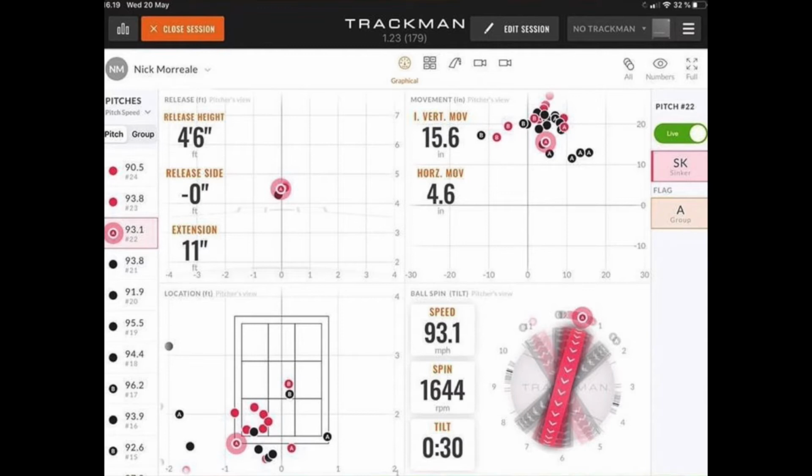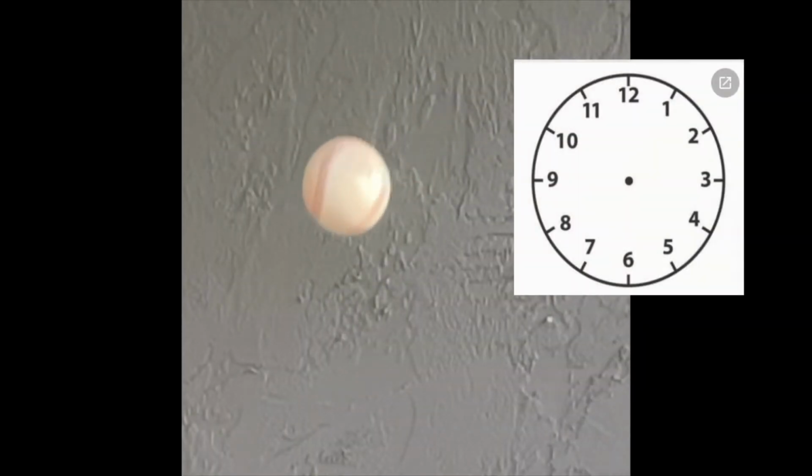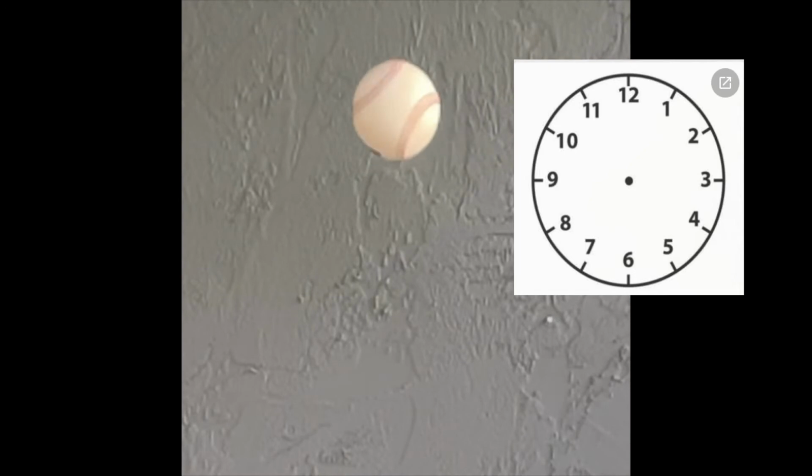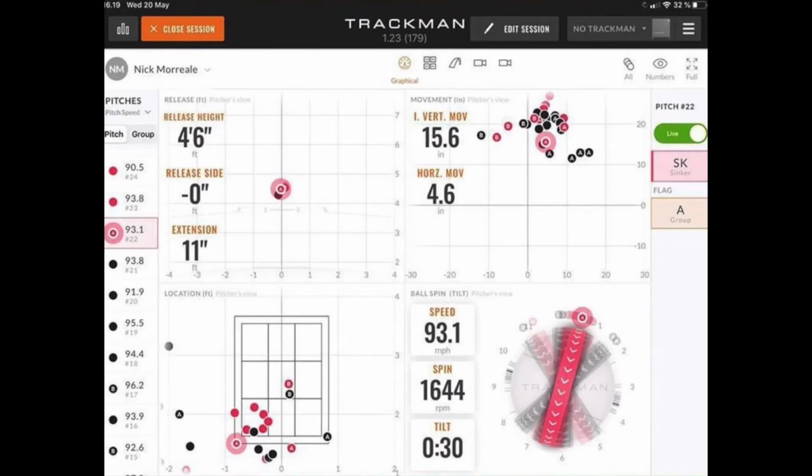So one of the things that we would try to work on is to lower that tilt axis down into the 132. 3 is going to be super extreme, but we want that to be lower to help with the sink.